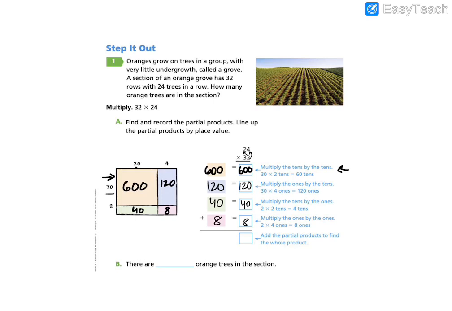Right, so now we're going to go ahead and add our partial products. Here we have 48 plus 720, okay. So you should get an answer of 768. So we know there are 768 orange trees in the section.